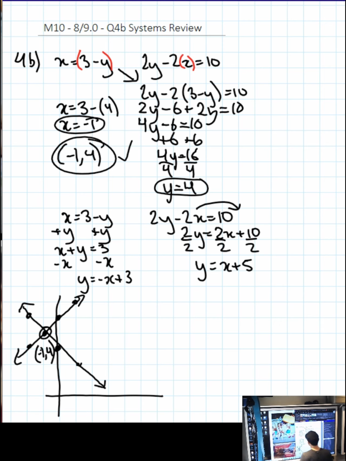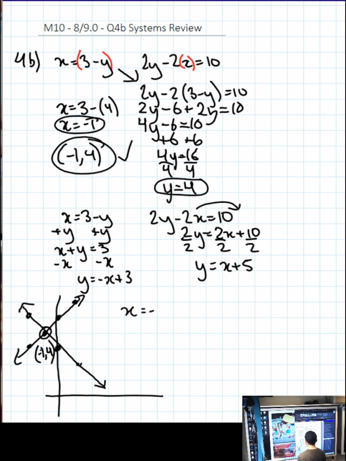Now let's check our answer by substitution, like in question 2. So you can take any equation that you like. Now, because it's highly unlikely, but we may have incorrectly isolated for y, let's take the original equations.